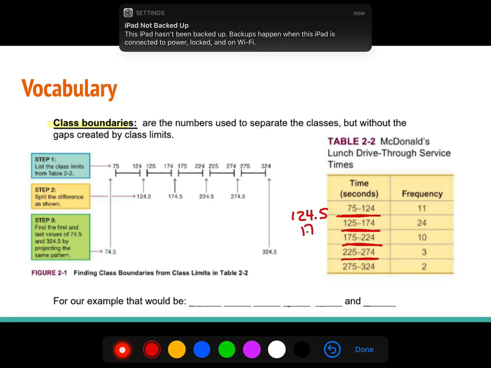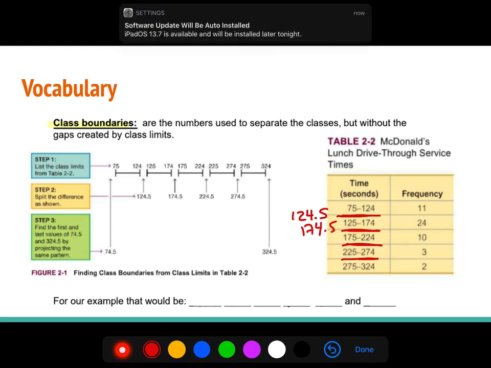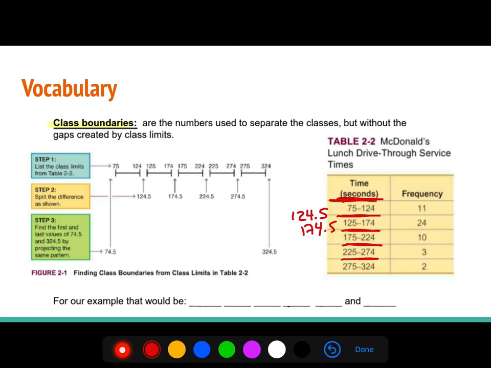Halfway between 124 and 125 is 124 and a half. Halfway between 174 and 175 is 174 and a half. I think you get the idea there. So it's halfway in between each of them.